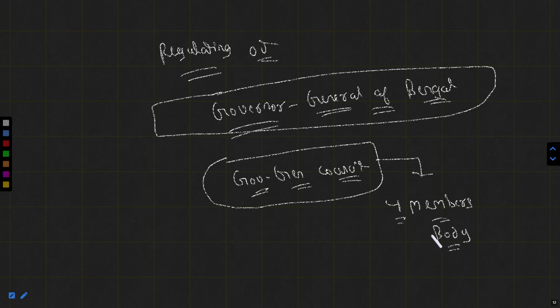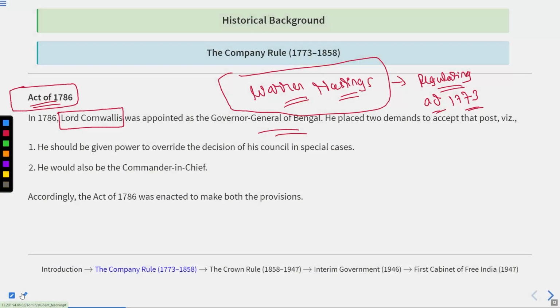All right, that is what we had discussed in the previous lecture, right? So this council is basically appointed to assist the Governor General in functioning. It means that whatsoever action the Governor General is required to take, this must be sanctioned through the Governor General's Council, right?